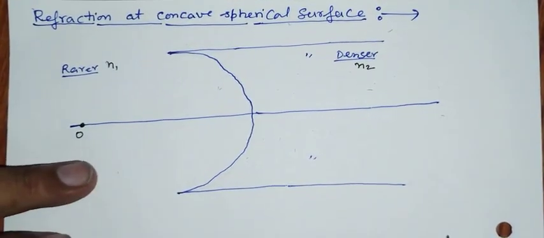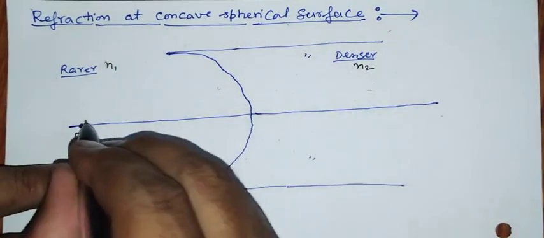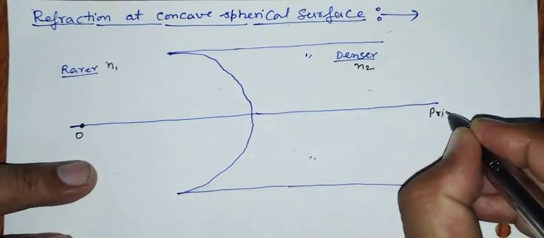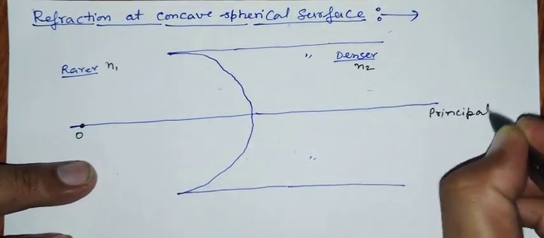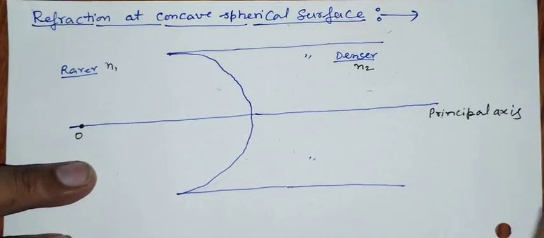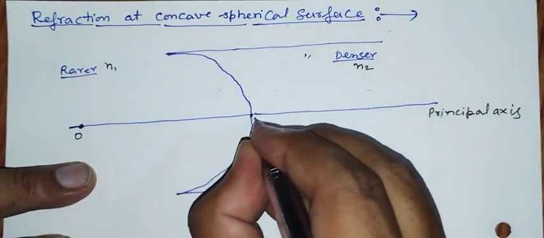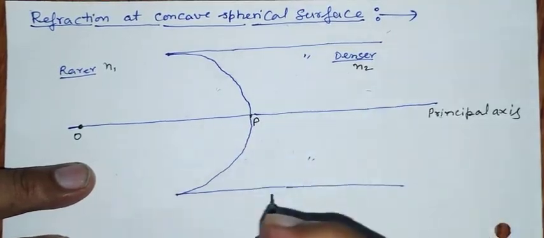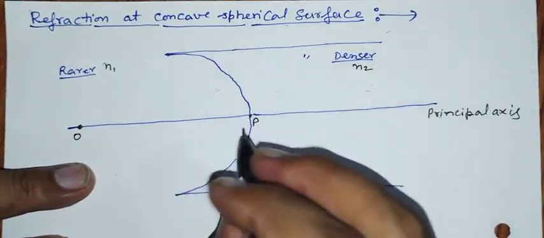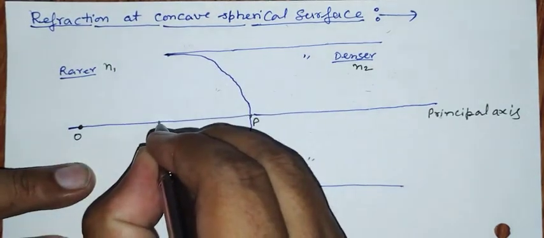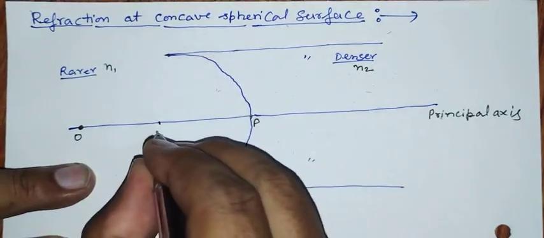So before making a ray diagram, first let us see, this line is called the principal axis. This point is called P. And the center of curvature is called C here.